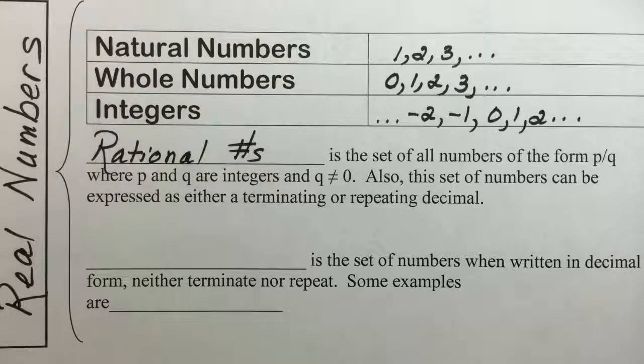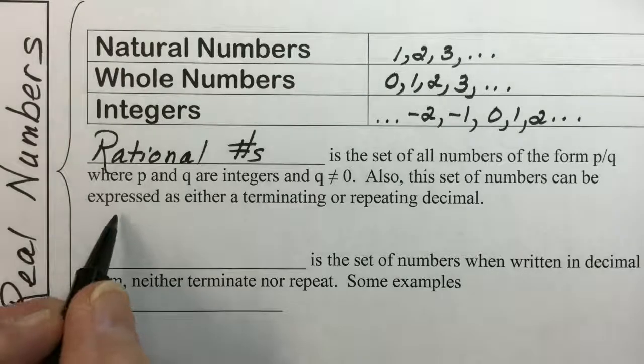We can take these, and as long as the numbers terminate or repeat, when we convert the fraction or rational number into a decimal, it falls into this category or set of numbers.